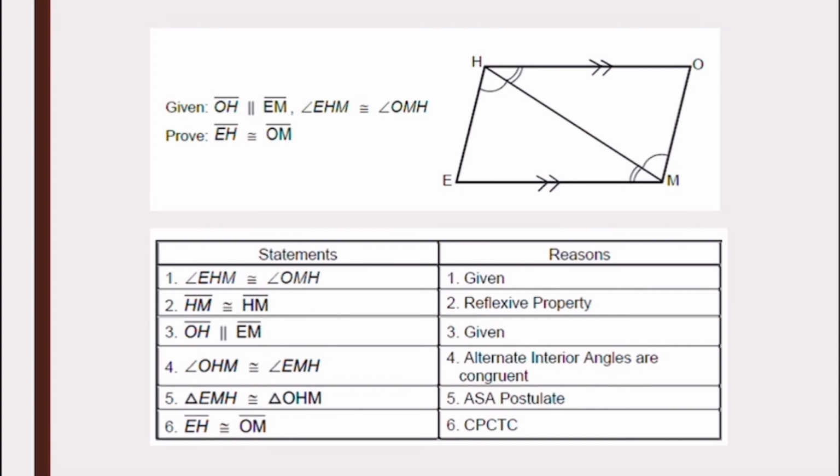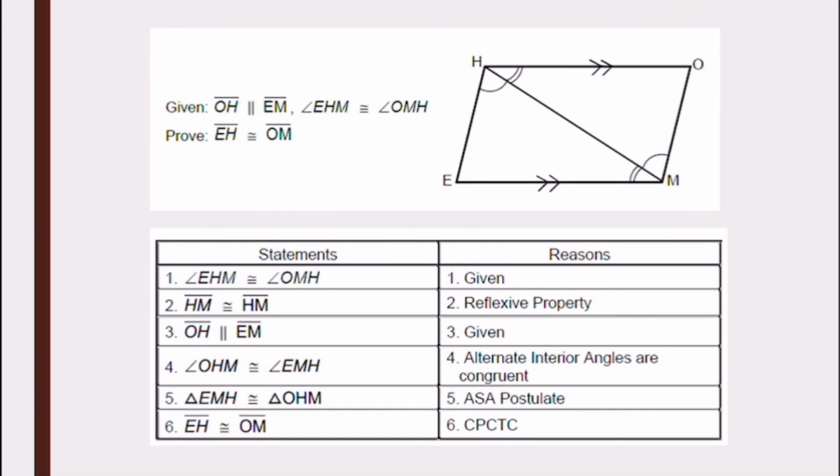For our first statement, we have angle EHM is congruent to angle OMH. The reason, that is our given. Next, we have line segment HM is congruent to line segment HM. The reason, reflexive property.